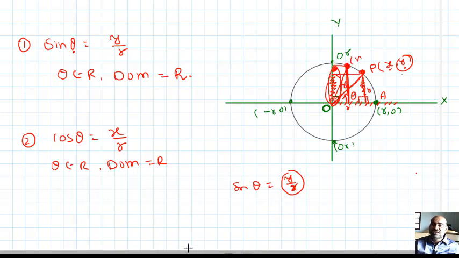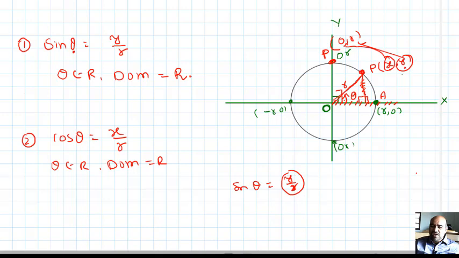If your theta is 90 degrees, I will show you. Okay, students. Your theta is 90 degrees, which means OP is here, P is here now. So this is 90 degrees. If P is here, what are the coordinates? 0 comma r. In this case, x becomes 0, y becomes r. Y may be r, but always less than or equal to r.